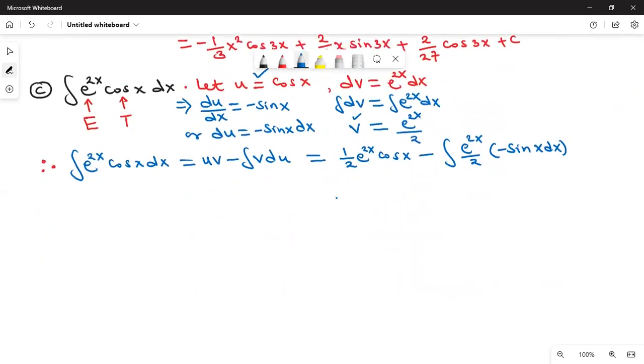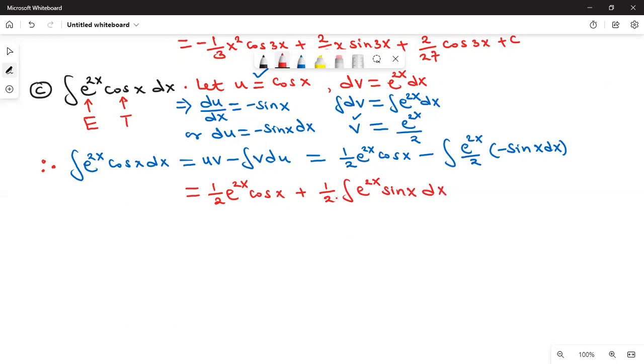When you simplify, you get 1 over 2 exponential 2x cos x plus another 1 over 2 the integral of exponential 2x sine x dx.